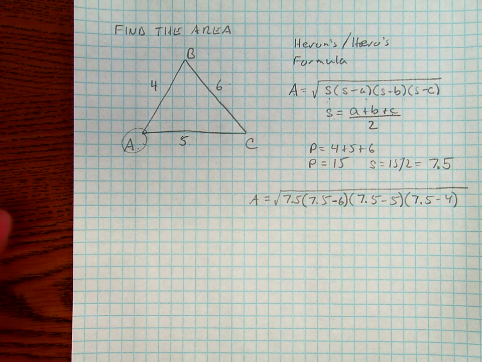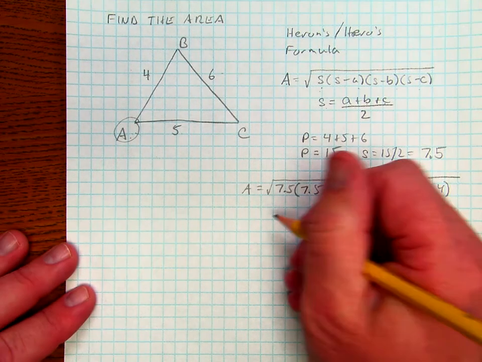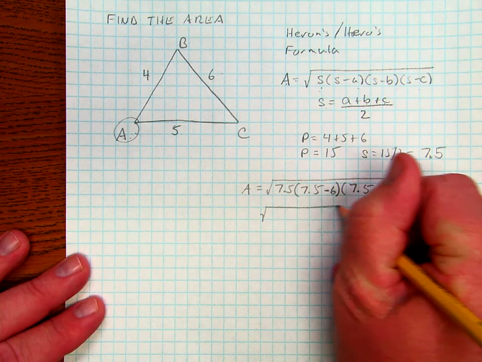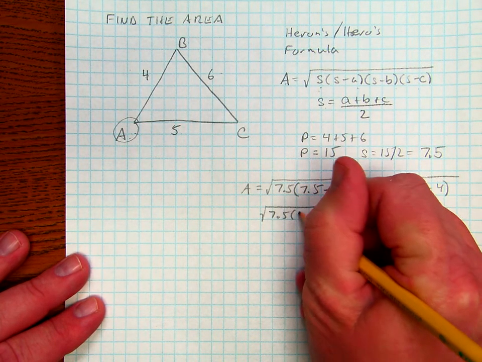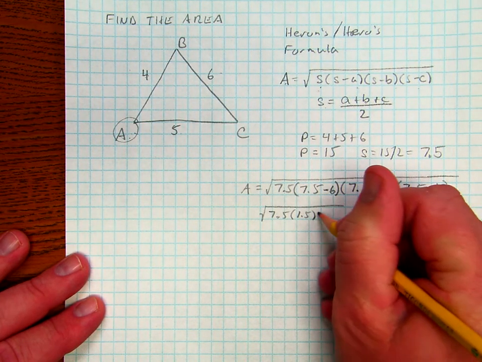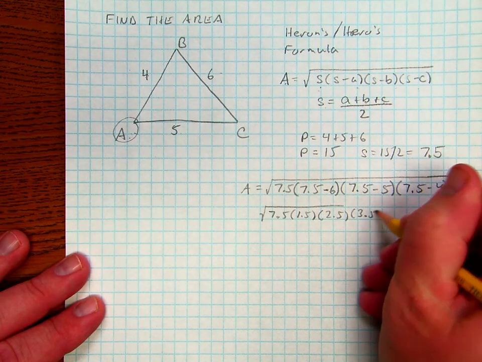All right, now it comes down to how comfortable you are typing this in the calculator and also considering whether you want an exact answer or a decimal approximation. I usually like to clean this up a little bit. So it'll be 7.5 times 1.5 times 2.5 times 3.5.